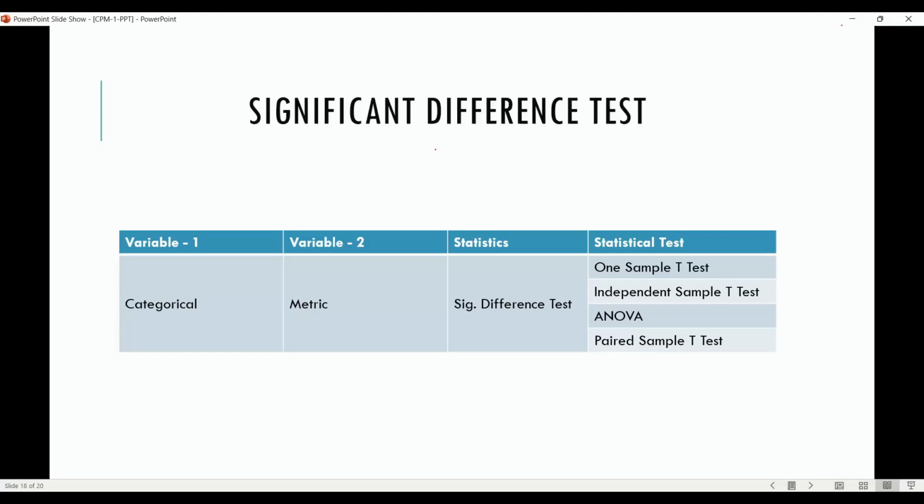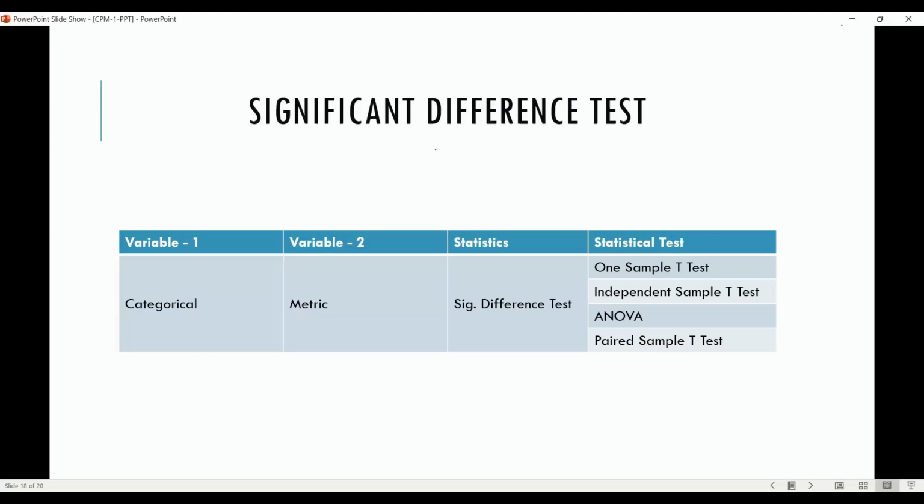Using any AI tools, I'm not talking about Perplexity or ChatGPT, using any AI, you are able to write an interpretation. Even if you don't understand the table, you can still write the interpretation. That's the beauty of this era.